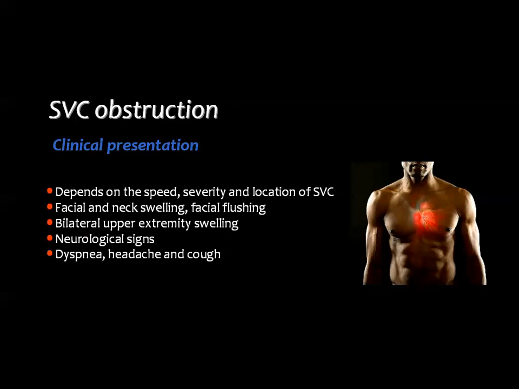Then the clinical presentation of a patient with superior vena cava obstruction may include the presence of facial and neck swelling, also facial flushing, upper limb swelling on both sides, and some neurological signs, and maybe dyspnea, headache, and cough.